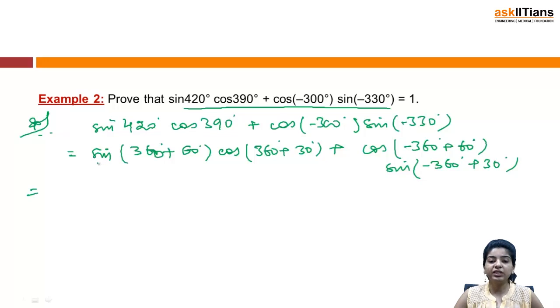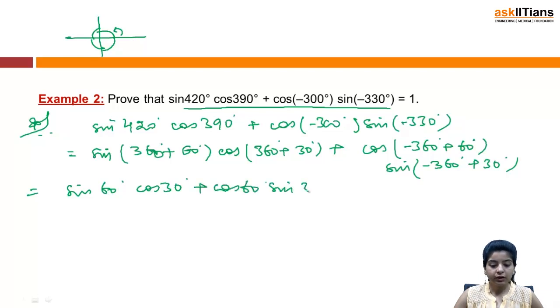Now we have sine 360 plus theta, the function will remain as it is, and 360 plus theta will fall in the first quadrant, because we have 0 to 90, then 90 to 180, 180 to 270, 270 to 360, and 360 plus theta again falls in the first quadrant. So I have sine 60 cos 30 plus cos 60 sine 30.